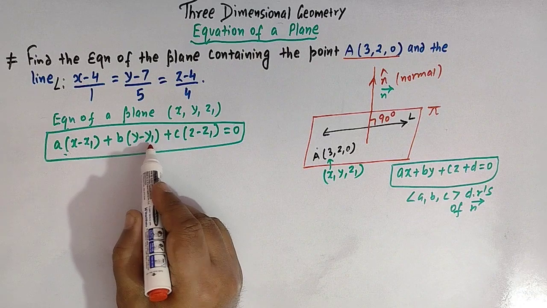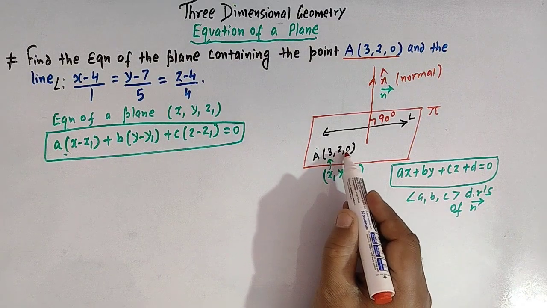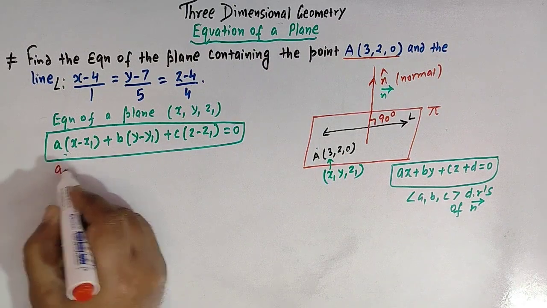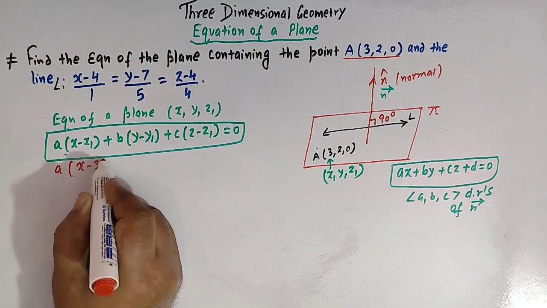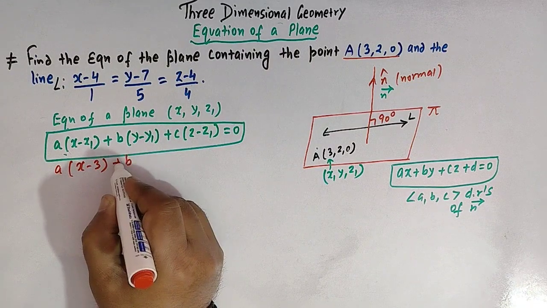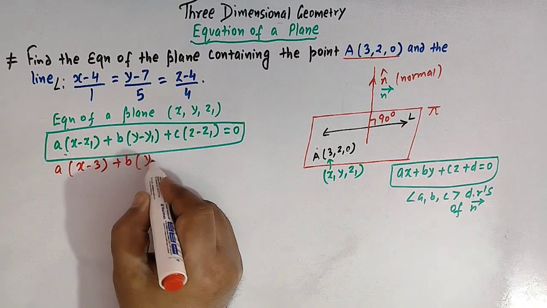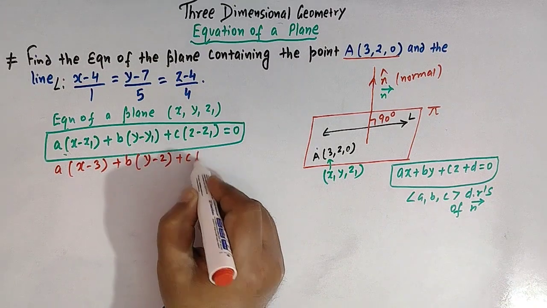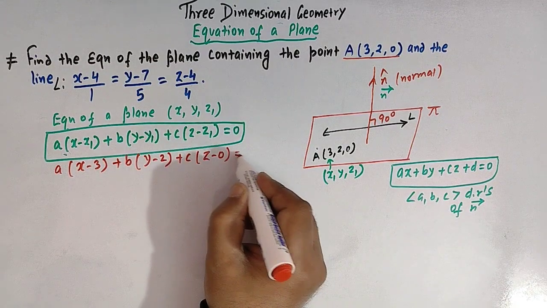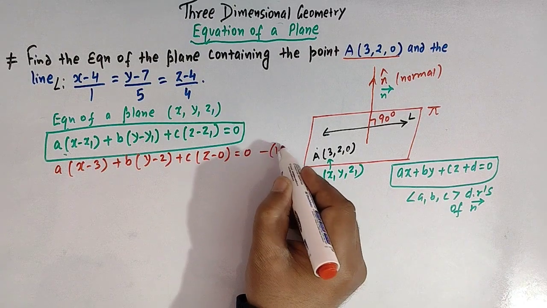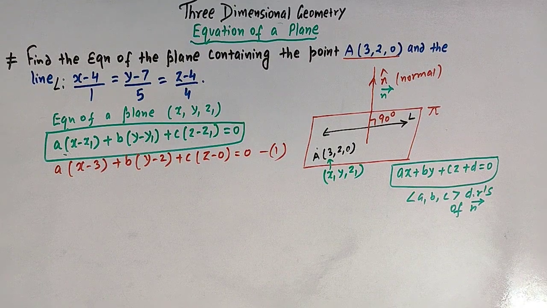Now let us take (x1, y1, z1) as (3, 2, 0). So we'll have a(x − 3) + b(y − 2) + c(z − 0) = 0, and let us denote this equation by equation number 1.